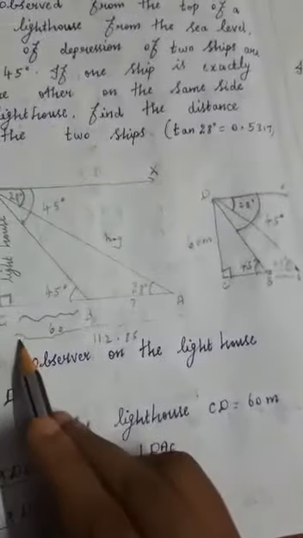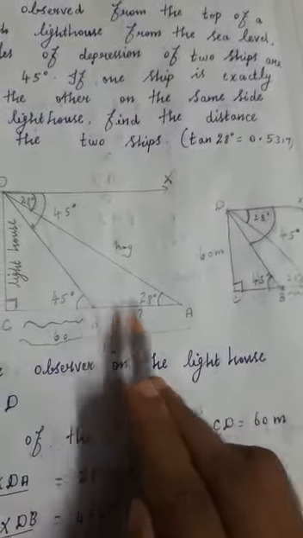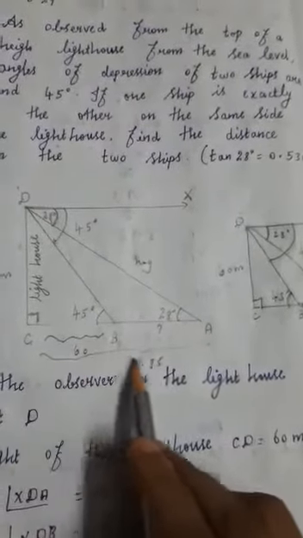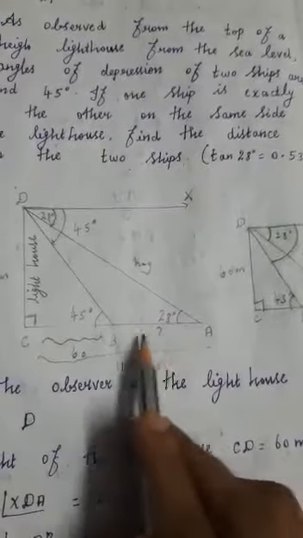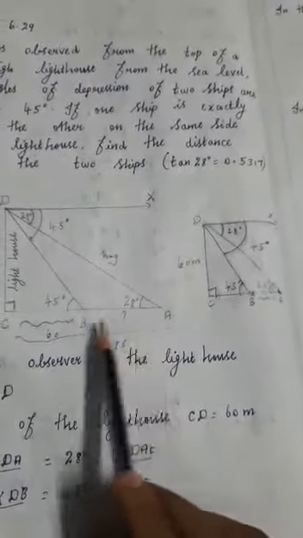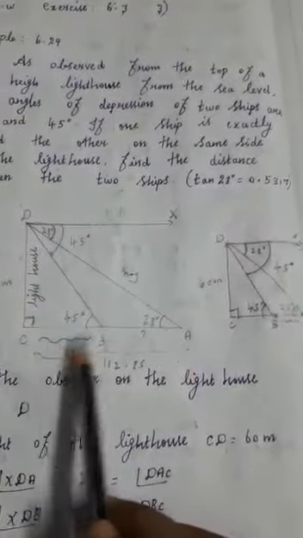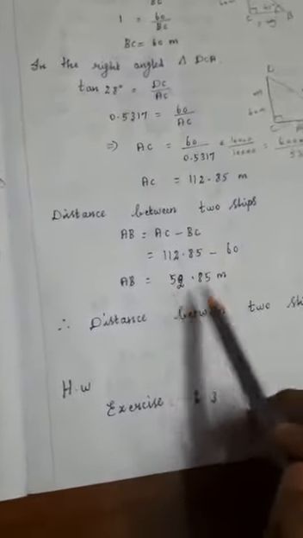Now see here, this full length, but we needed this much length only, because the distance between these two ships only they have asked. This full length we know, this half length we know, and if you subtract, can you get this length or not? Yes. So the distance between two ships, AB, the AB only we needed. So AB is equal to AC, full length, minus this half length BC. So AC minus BC 60, if you subtract we'll get the answer.